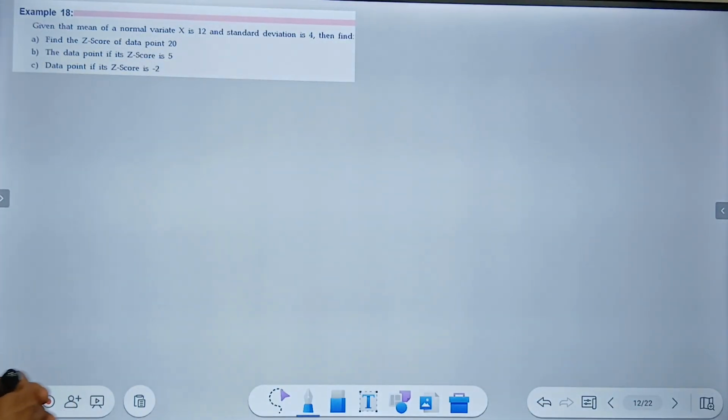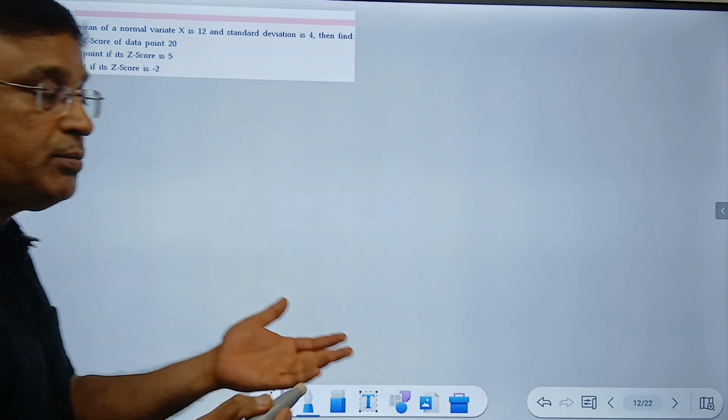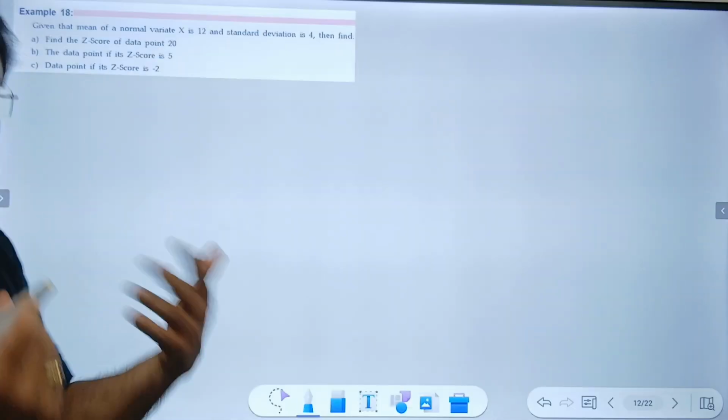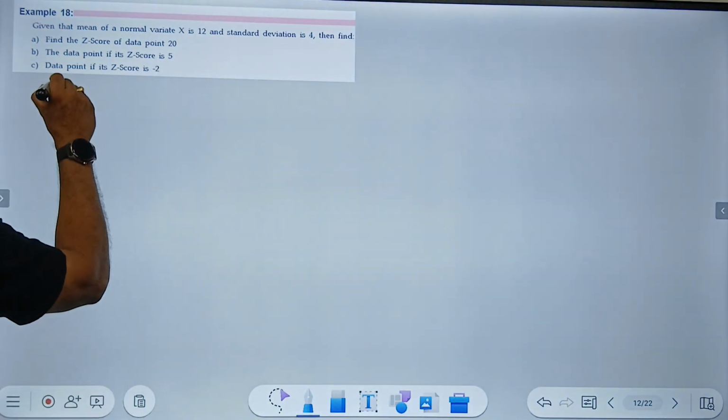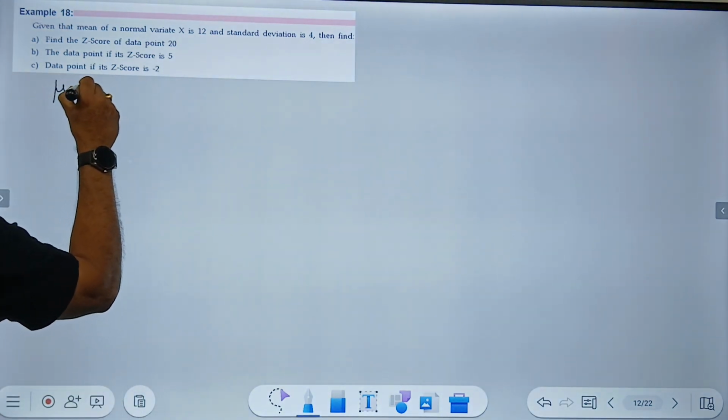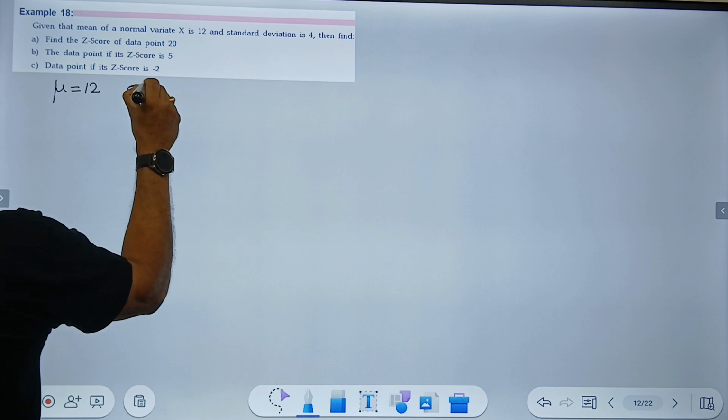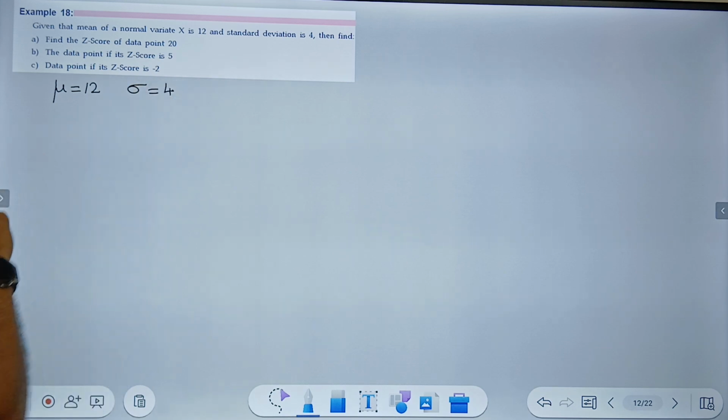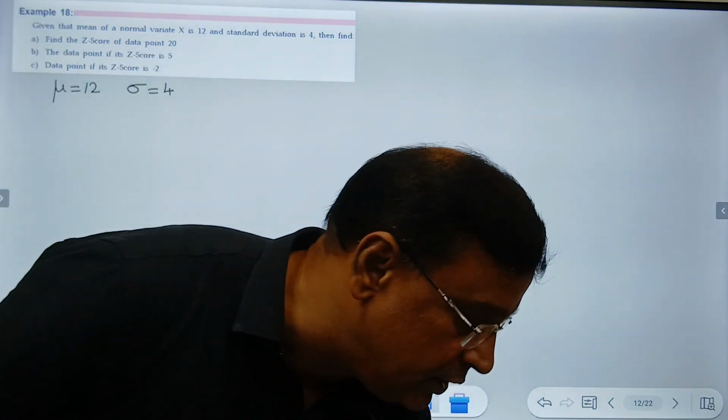Okay. Now the next question is example 18. In the previous problem the mean was not given, you had to calculate it, but here the mean is already given to you. Mean is 12 and standard deviation is 4.